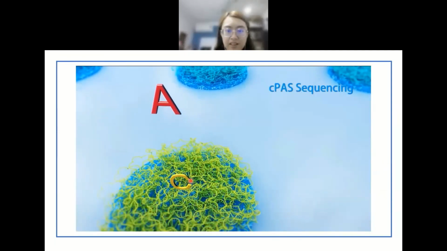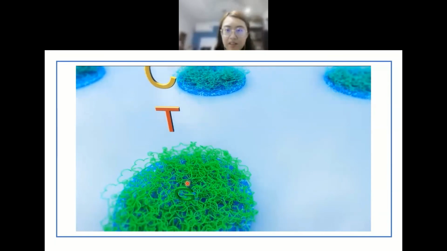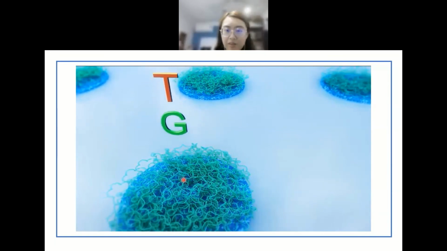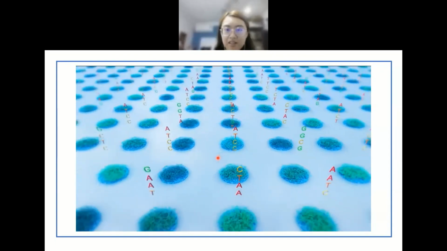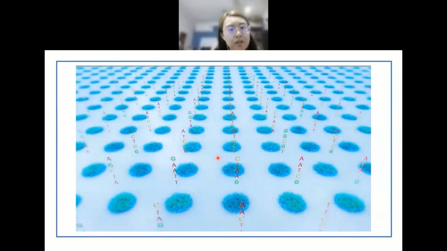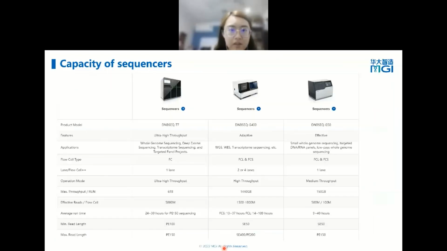Each of these DNBs will be emitting a light that corresponds to the different bases. After the image is captured, we can use it to call these bases. Okay, so this is basically a short introduction of our sequencers.